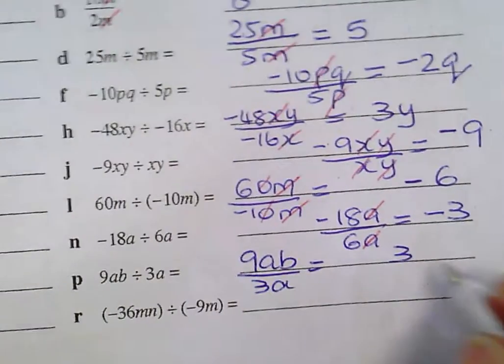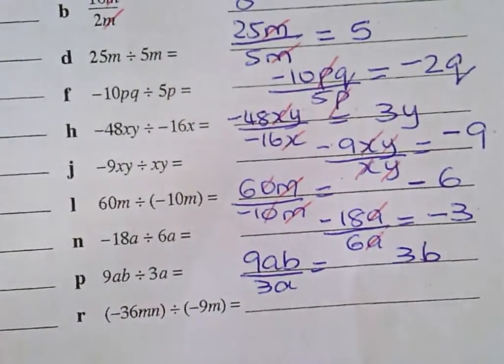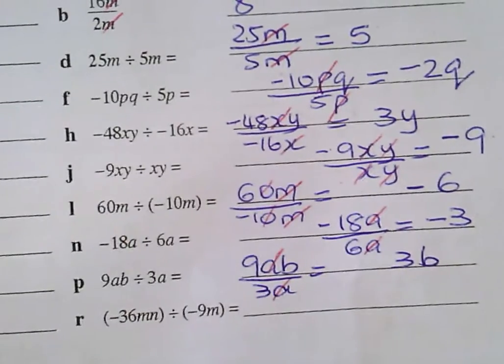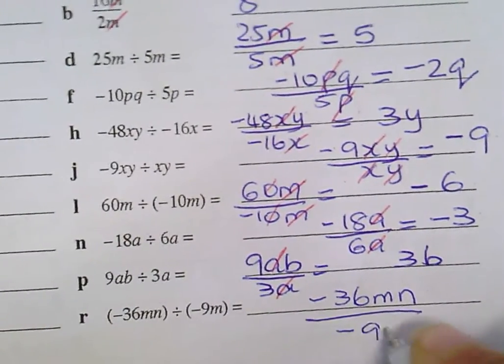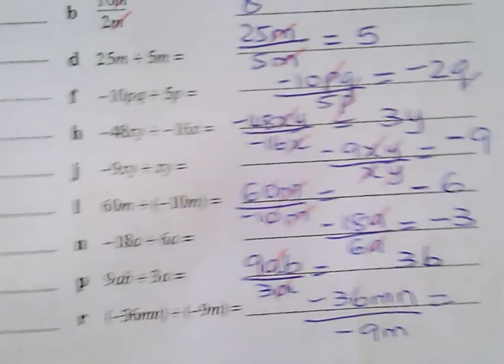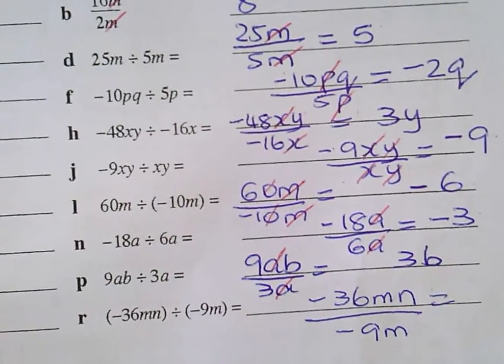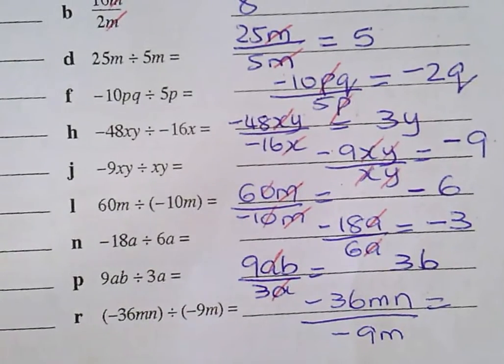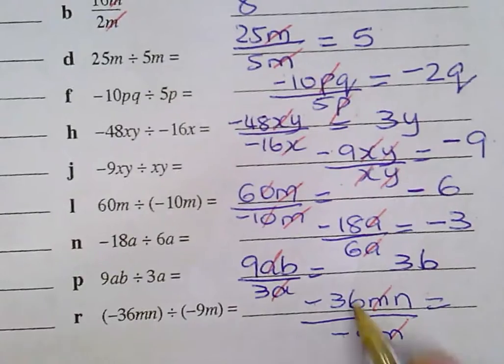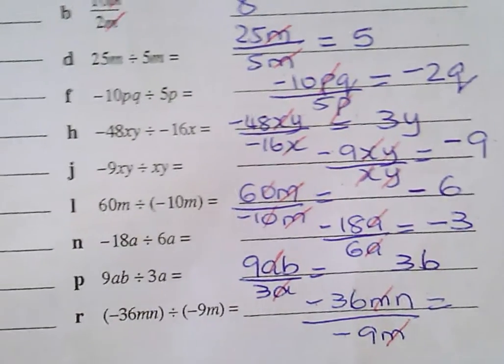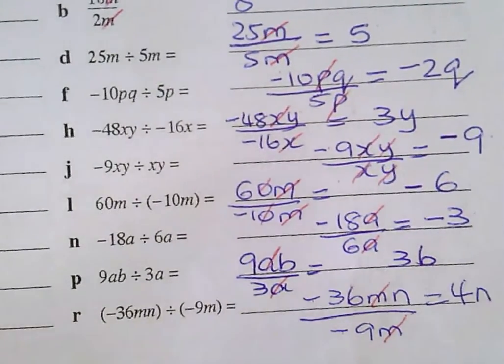What cancels? And you're left with 3b on top. And the last one, negative 36mn divided by negative m. And you know, a negative divided by negative, it's almost like the negatives cancel out. But a negative divided by negative is a positive. The m's cancel. What's 36 divided by 9? 4, and I've got n.